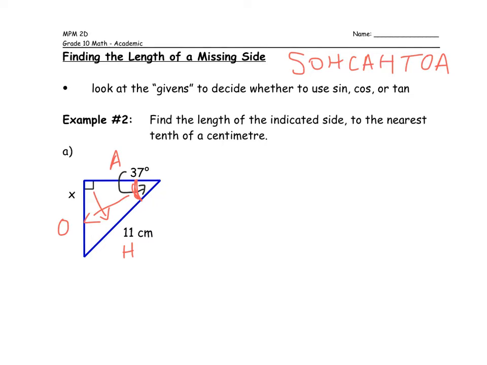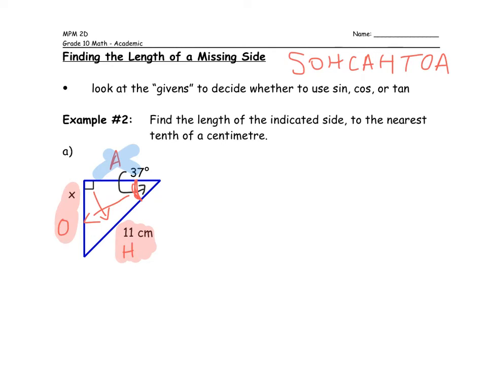So what I do is I ask, what do I have information about? Well, I have information about my hypotenuse, and I want to find out my opposite side. And it looks to me like the adjacent side really isn't involved at all. So I'm going to choose a trig function based on the fact that I'm looking for information on the opposite and hypotenuse sides.